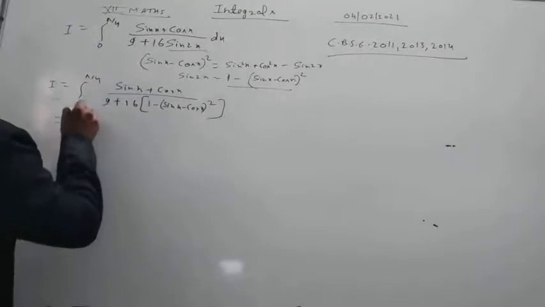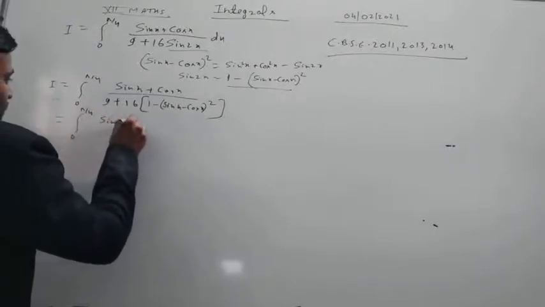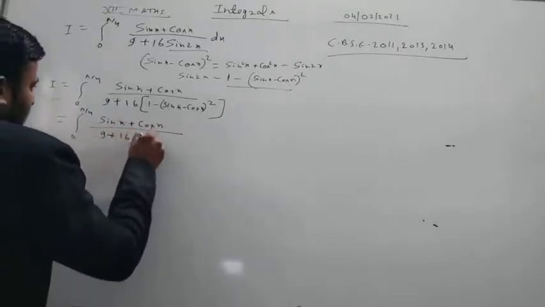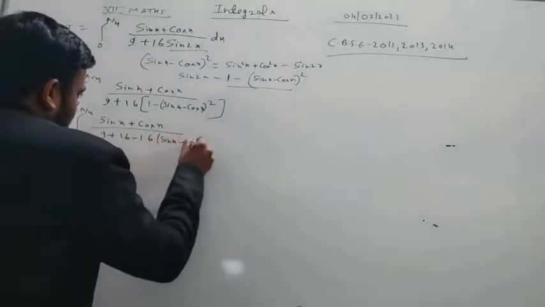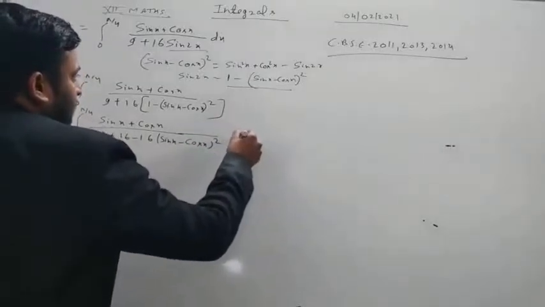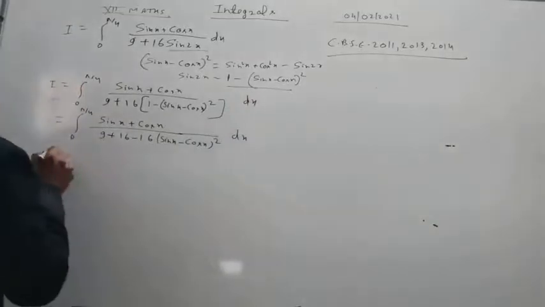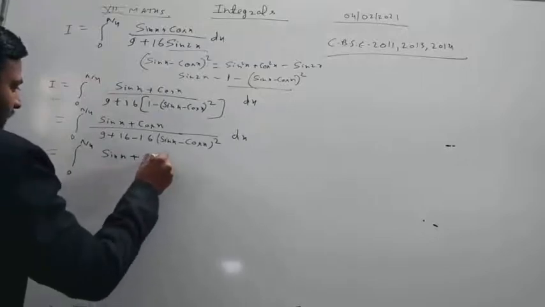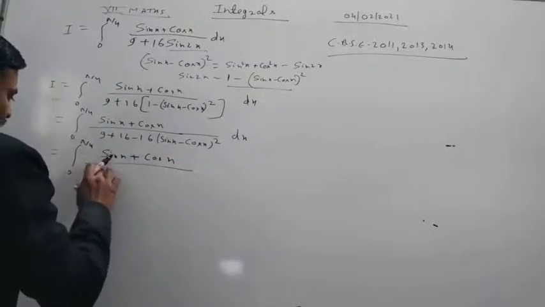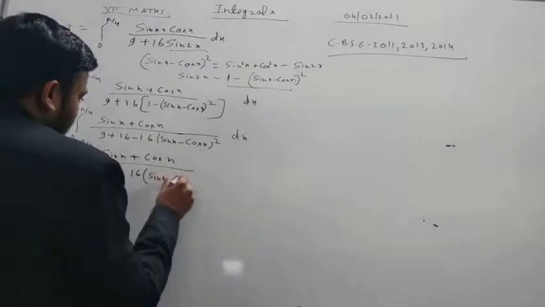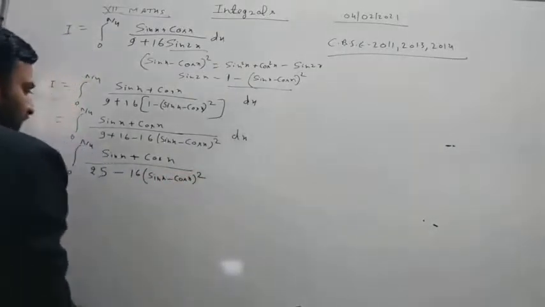Okay, students, now we can write the integral from 0 to pi by 4 of sin x plus cos x by 9 plus 16 minus 16 sin x minus cos x whole square dx. Now we can write sin x plus cos x by 25 minus 16 sin x minus cos x whole square dx.